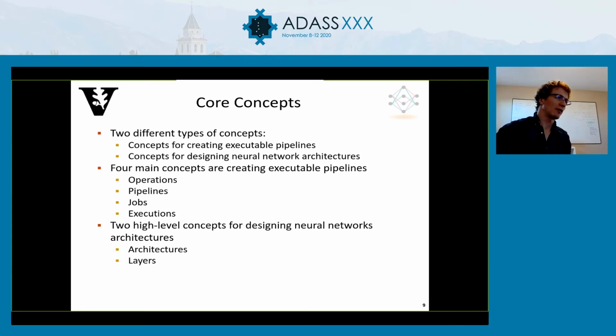There are really just 2 high-level concepts for designing neural network architectures within DeepForge, or at least the 2 most coarse-grained concepts that we need to understand to be able to use DeepForge: architectures and layers, which if you have prior experience with neural networks, shouldn't be any big surprise.